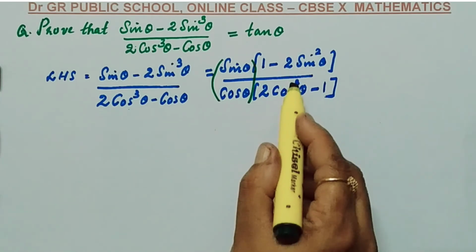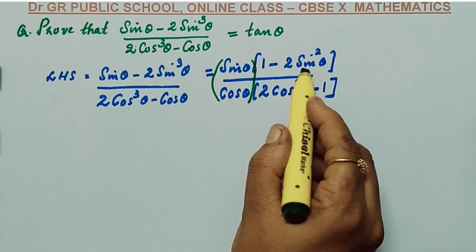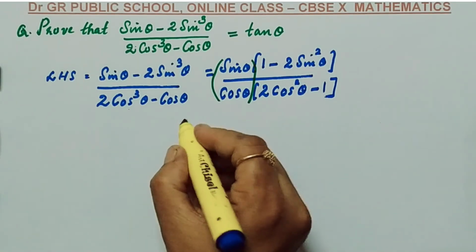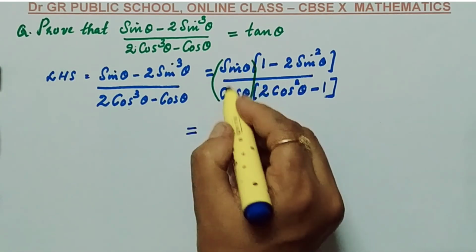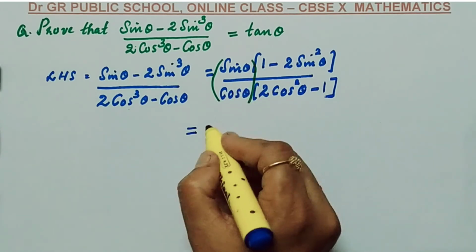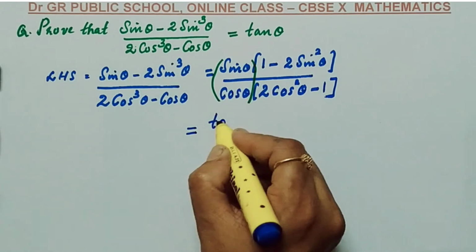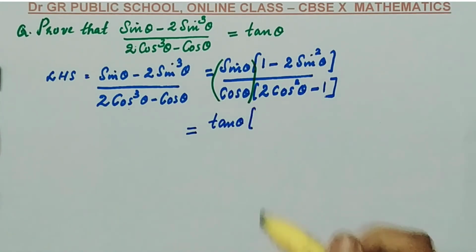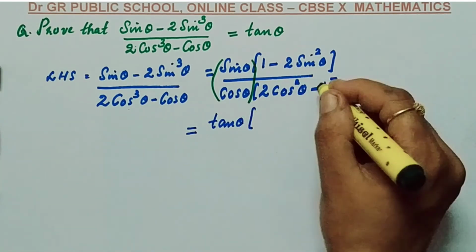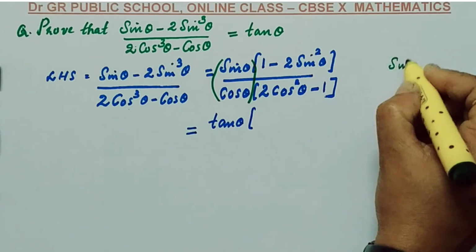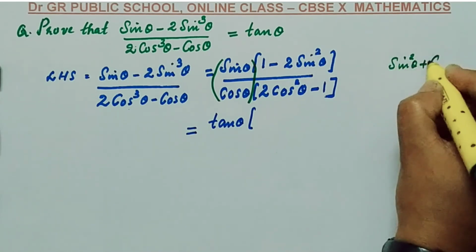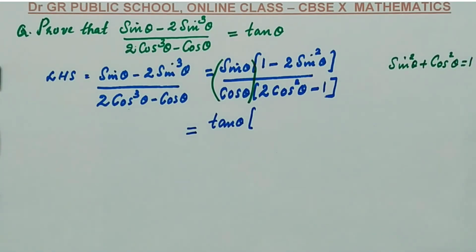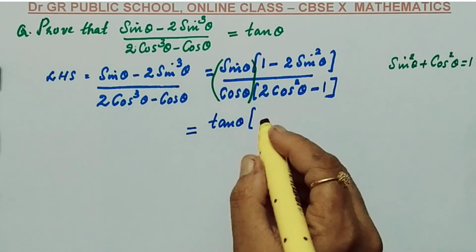Both of them need to be converted either to sin square theta or to cos square theta. This sin theta by cos theta bracket, I am going to take as tan theta. Now, what is the square relation connecting sin and cos? Both are squares, so sin square theta plus cos square theta equals 1. I am going to apply the relation here.